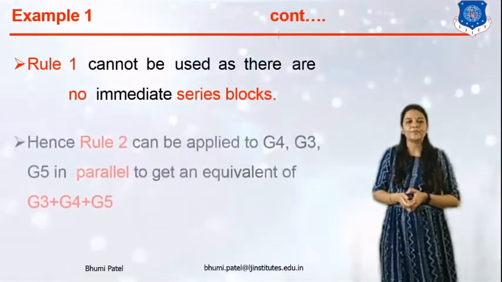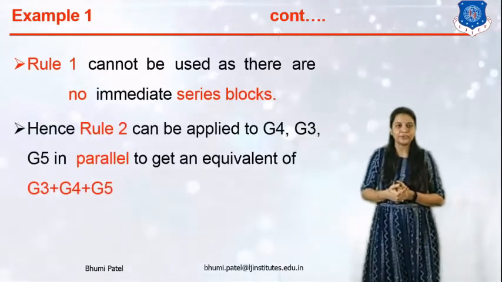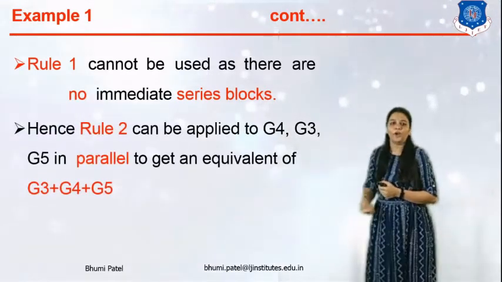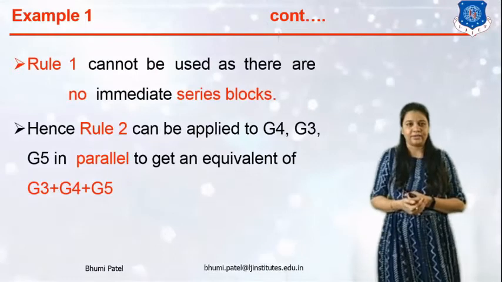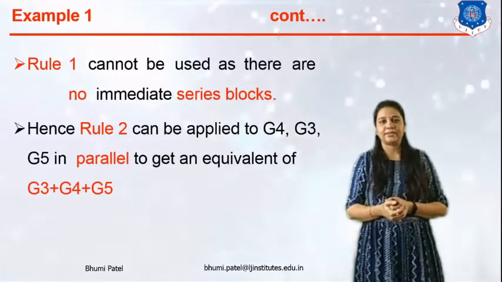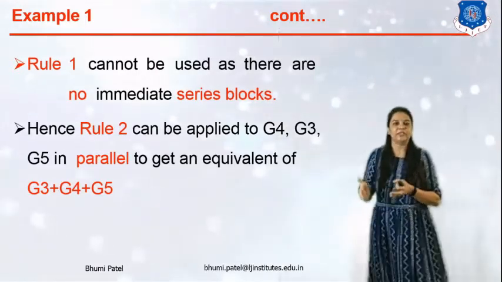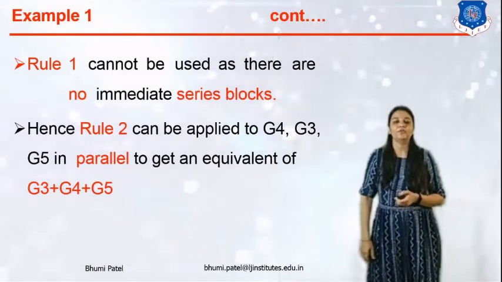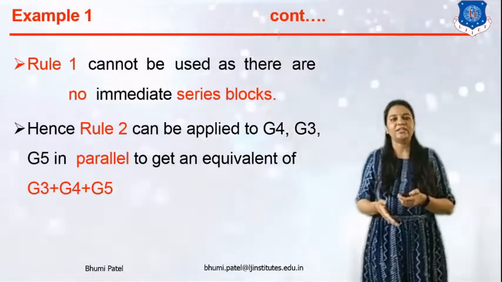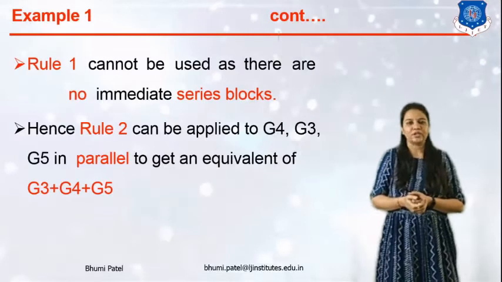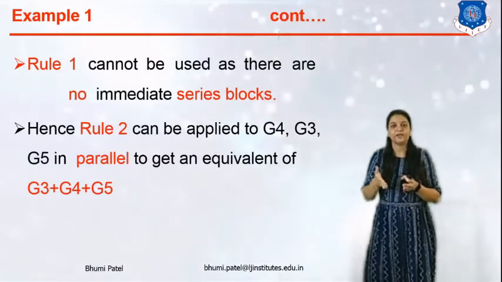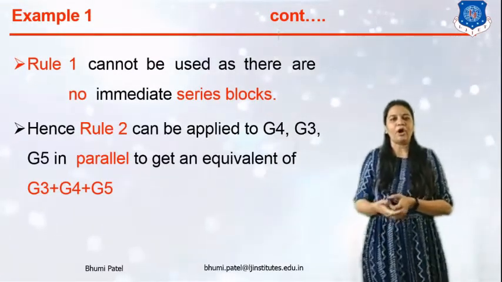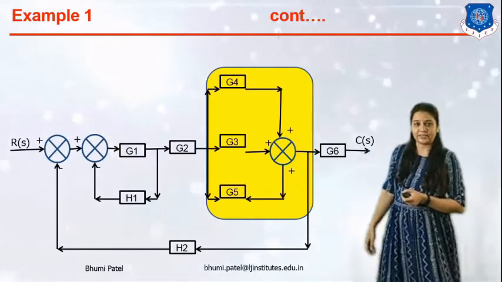So, the second option is we can use rule number 2, block in parallel connection. Which blocks are in parallel connection? It is G4, G3 and G5. And here you can see that the sign of G3, G4 and G5 is positive. So we can add these blocks and the final output is red.